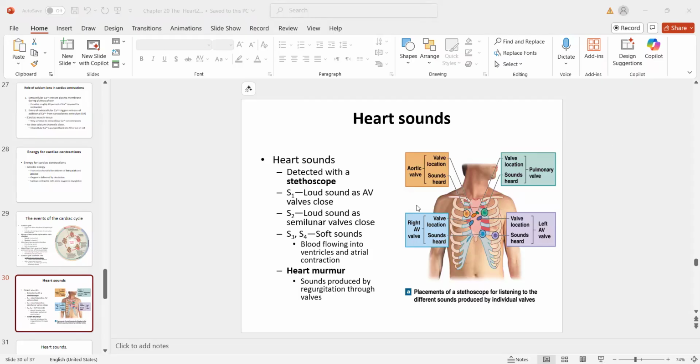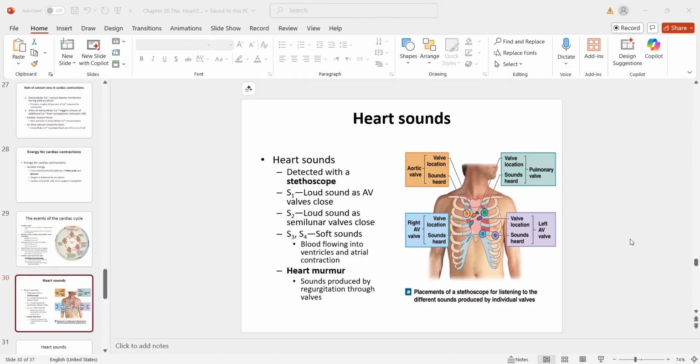Listening to the heart, a technique called auscultation, is a simple and effective method of cardiac assessment.